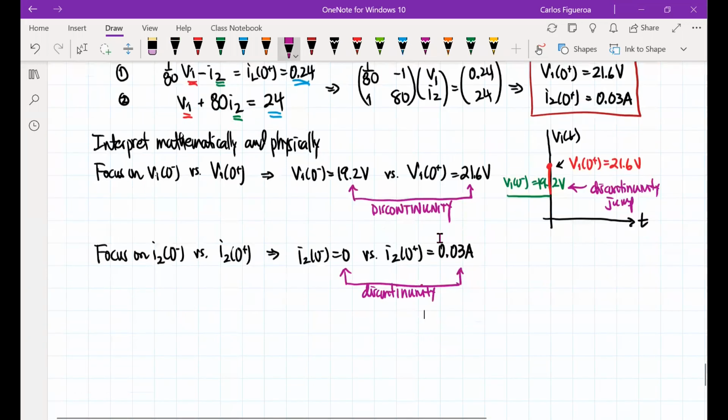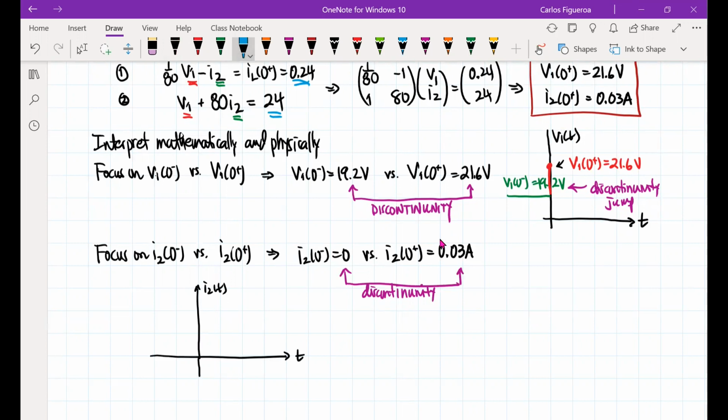So what does this look like? If I look at this graphically, here's what we see. I have my curve, and this is I2 of t versus t. As I come in here, my current at 0 minus is 0.